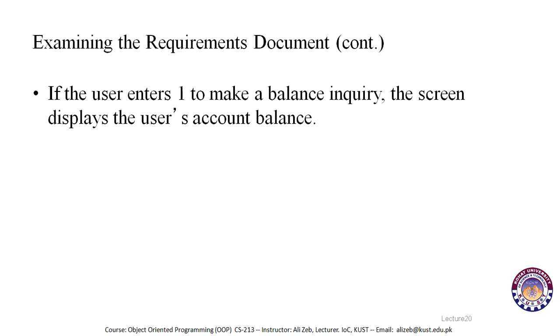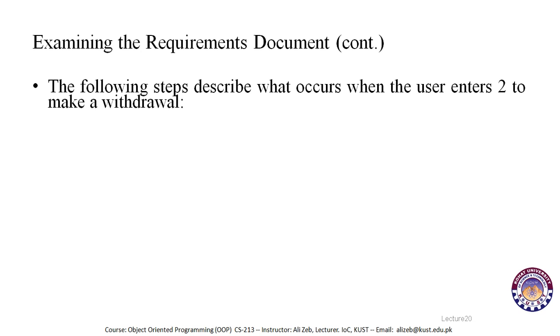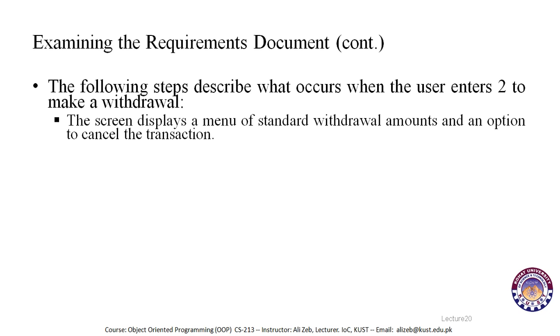If the user enters 1 to make a balance inquiry, the screen displays the user's account balance. To do so, the ATM must retrieve the balance from the bank's database. The following steps describe what occurs when the user enters 2 to make a withdrawal. The screen displays a menu of standard withdrawal amounts and an option to cancel the transaction.